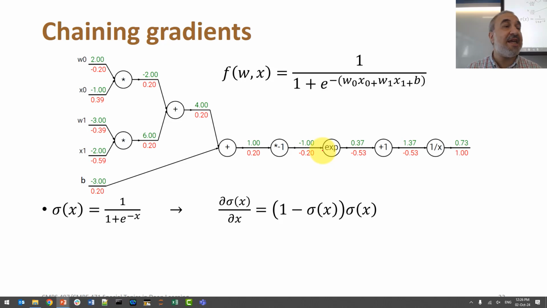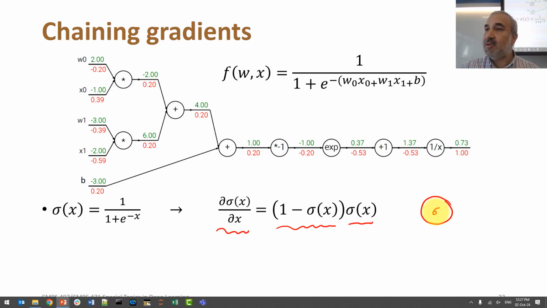For the sigmoid function, it's 1 over 1 plus e to the power minus x. It turns out that if you do the derivation, the derivative is 1 minus the sigmoid value times the sigmoid value. So actually, we don't need to have 4 gates. It can just be one gate.